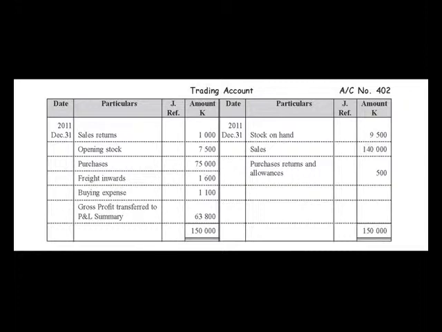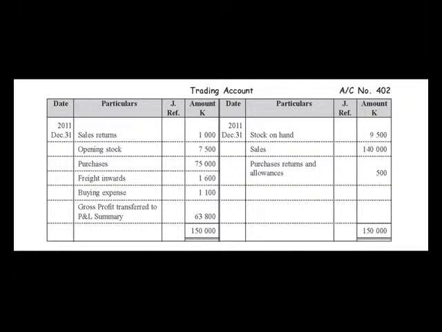Credit side total is 150,000, and once you deduct the debit side total, you end up with 63,800 gross profit. Gross profit is transferred to the profit and loss summary account.